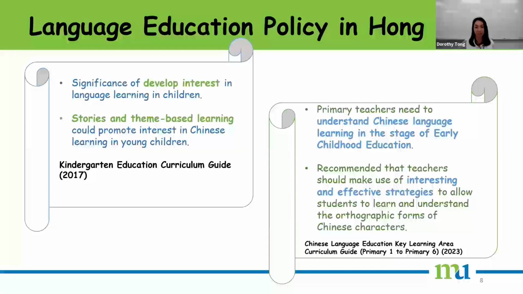So this is newly added, recently added to the curriculum guide, okay? And then it also mentioned that teachers are recommended to make use of interesting and effective strategies to allow students to understand and learn the forms, the orthographic forms of Chinese characters.